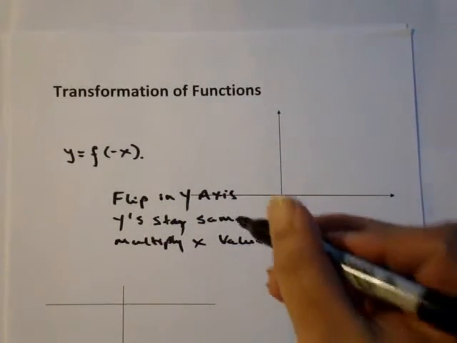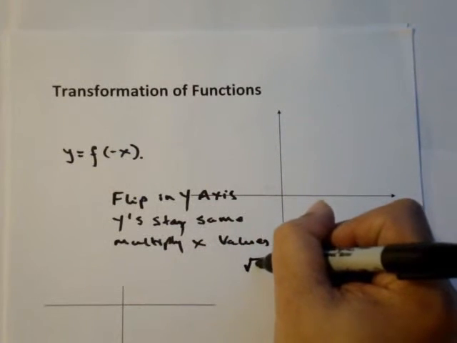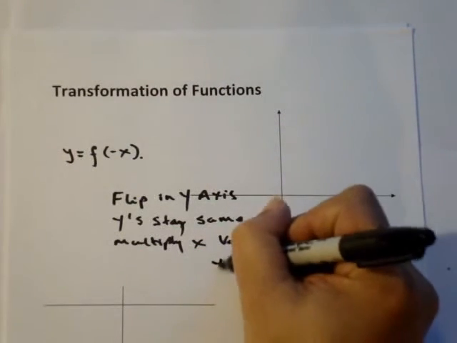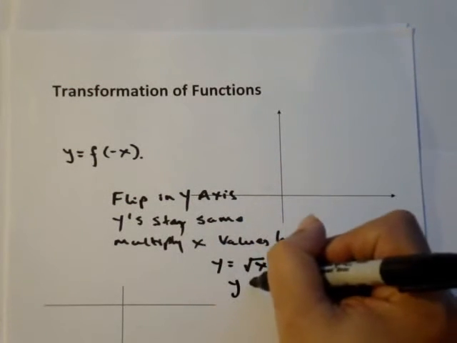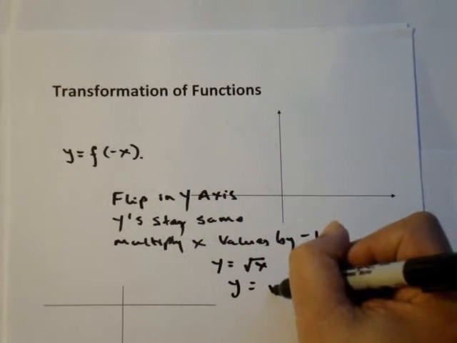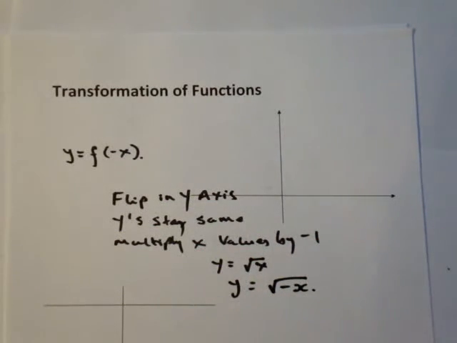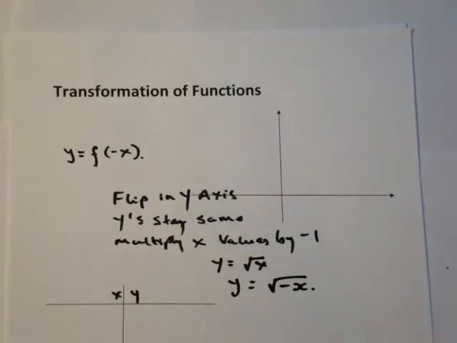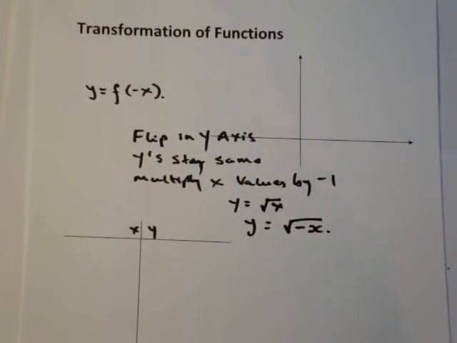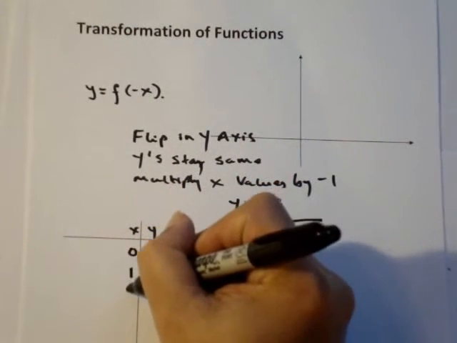So say we had the parent function y equals the square root of x, and our new transformed function would be the square root of minus x, with the minus x under the square root. So we have the x, y: 0, 1, 4, 9.